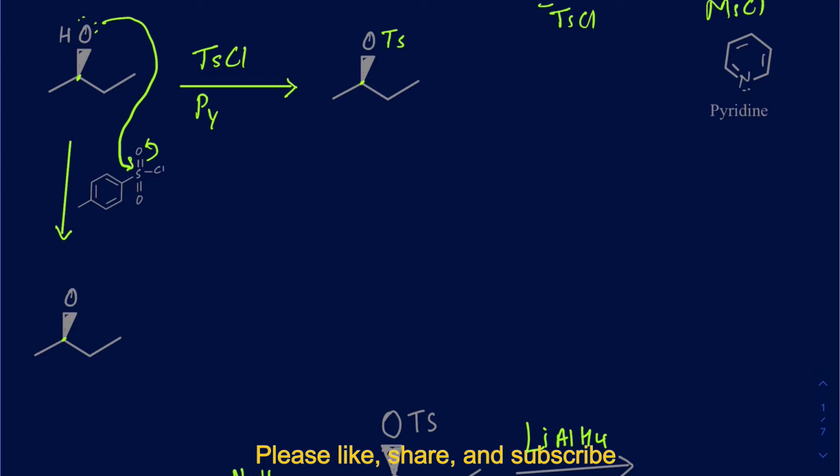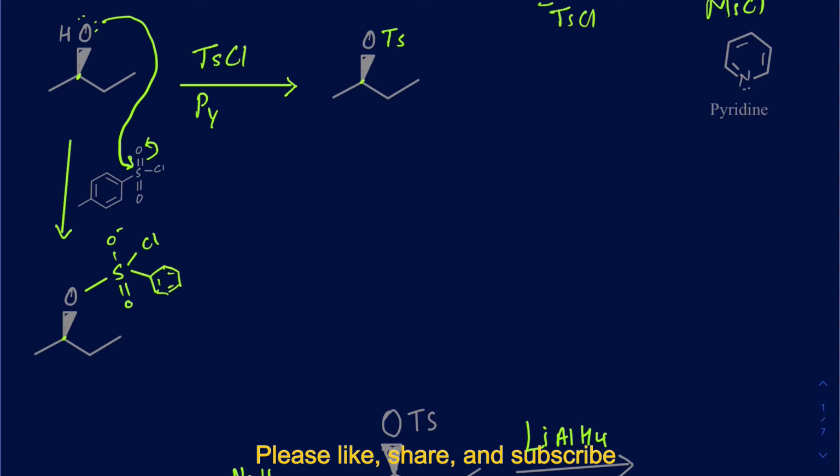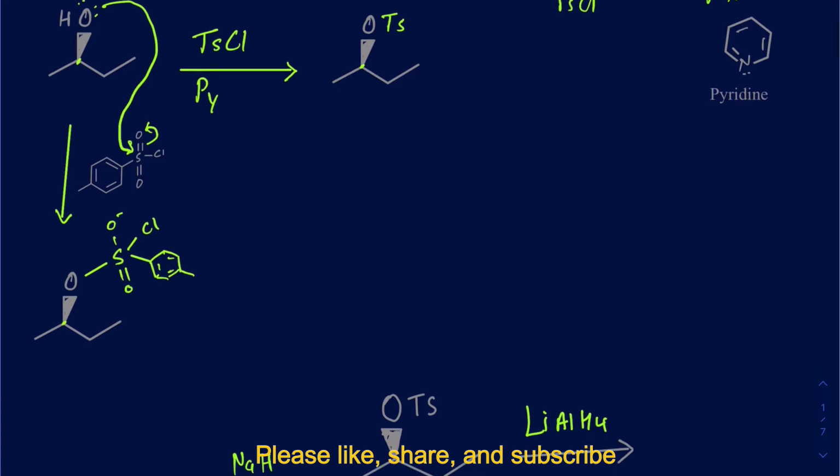And then remember, this is a new bond. I'm going to draw out this oxygen here, and we still have one double bond with the other oxygen. We've got the chloride here, and then we've got this group right there. And obviously this oxygen that was on the alcohol is still going to have the hydrogen there, so don't forget that.